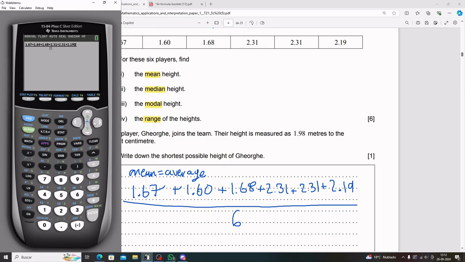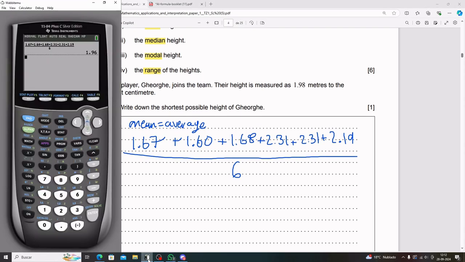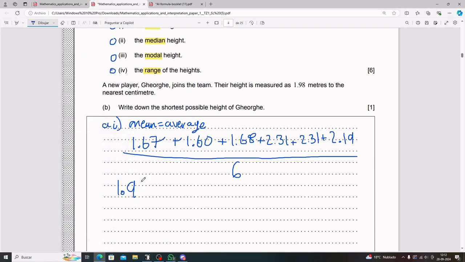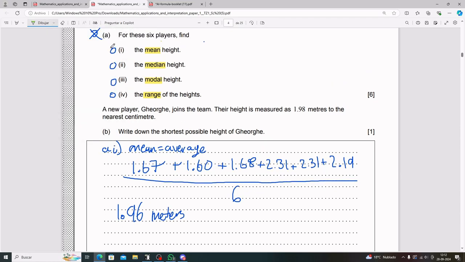Double check. Looks fine to me. Divided by 6. So for part A-i, this is my method. I'm showing my method. And my answer is 1.96. Don't forget the units, meters. So that is for part A-i.